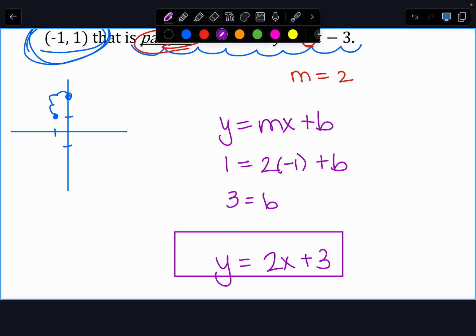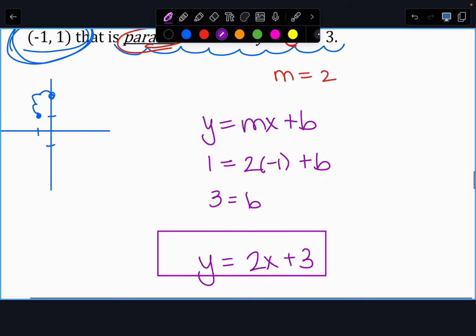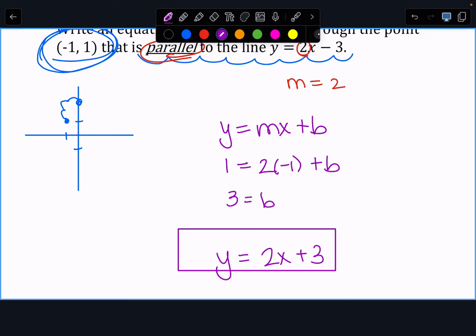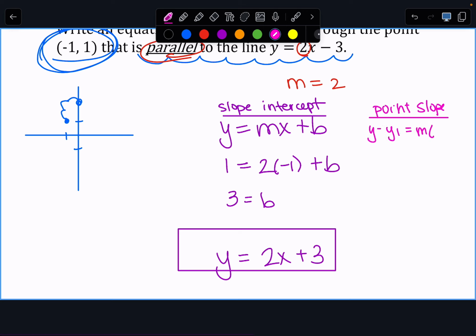Now, I saw somebody else use point slope form. Okay? Point slope form is y minus y1 equals slope times x minus x1.